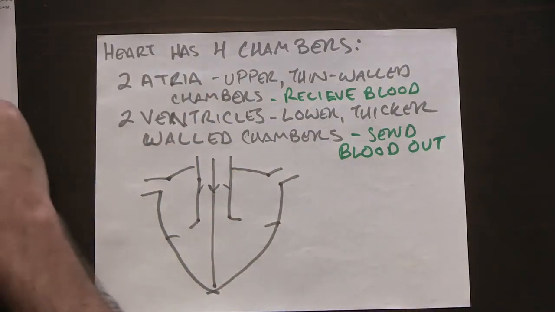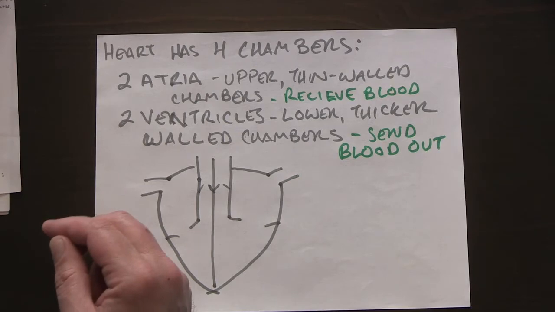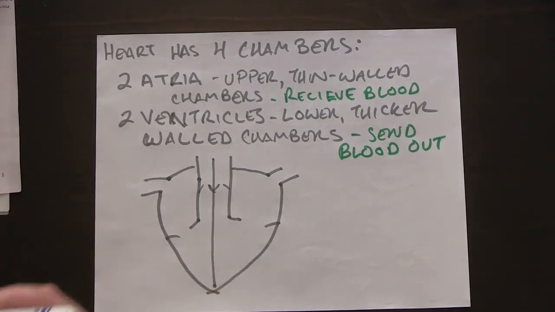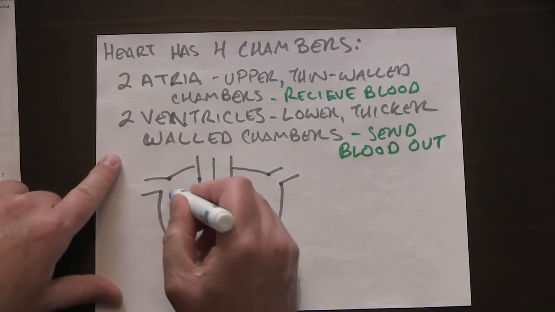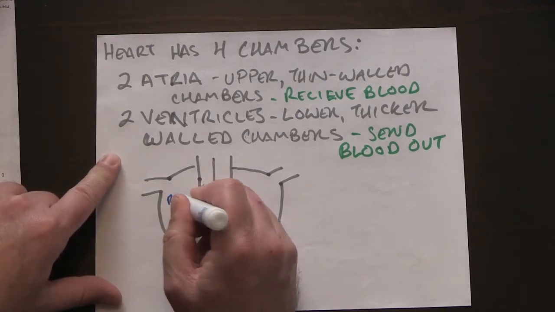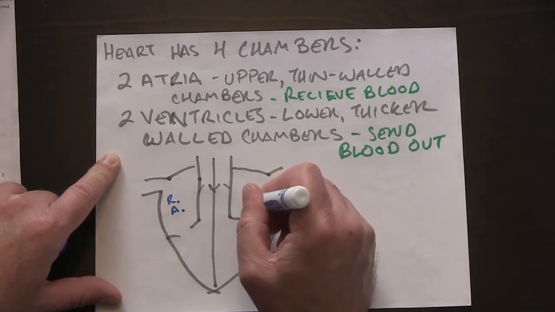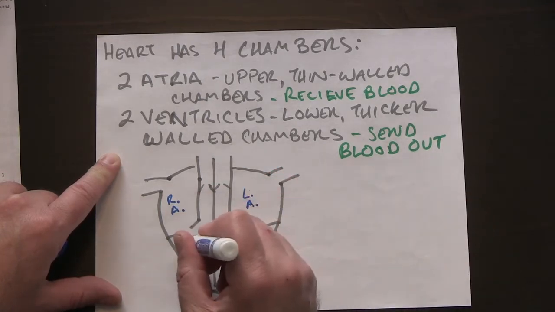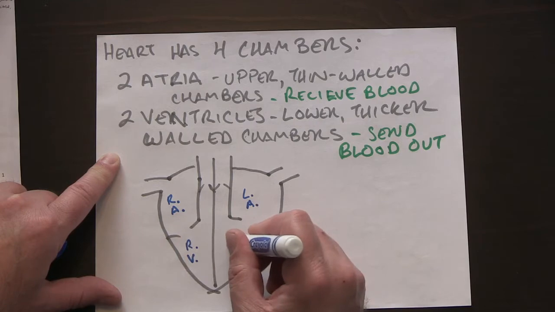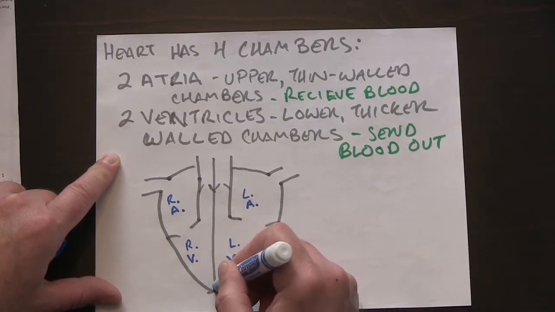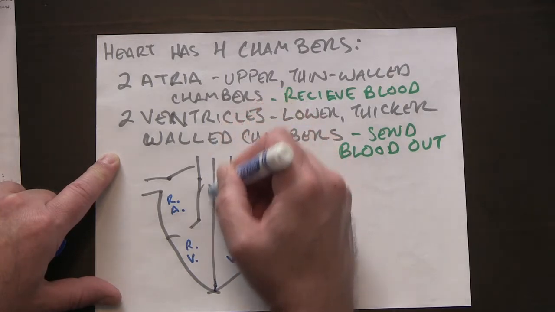So here's the right atrium, the left atrium, right ventricle, left ventricle, and you've got this wall that separates the two.